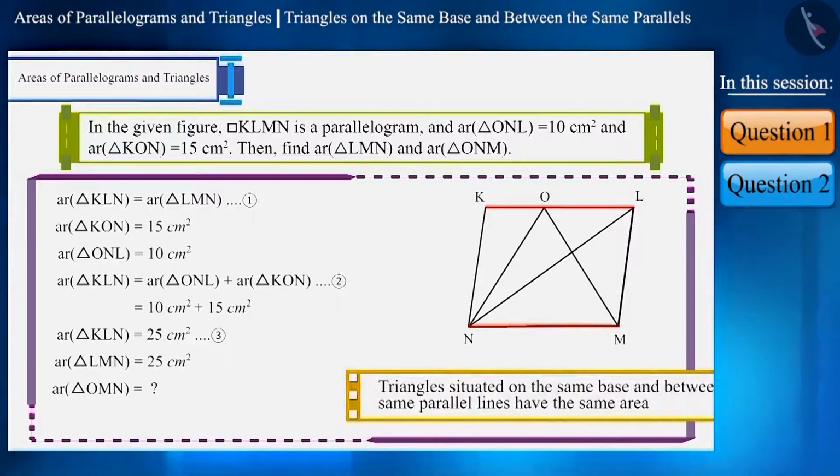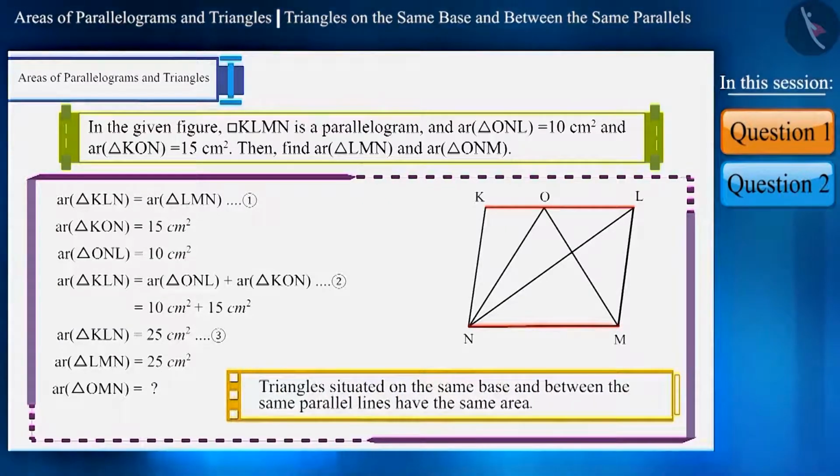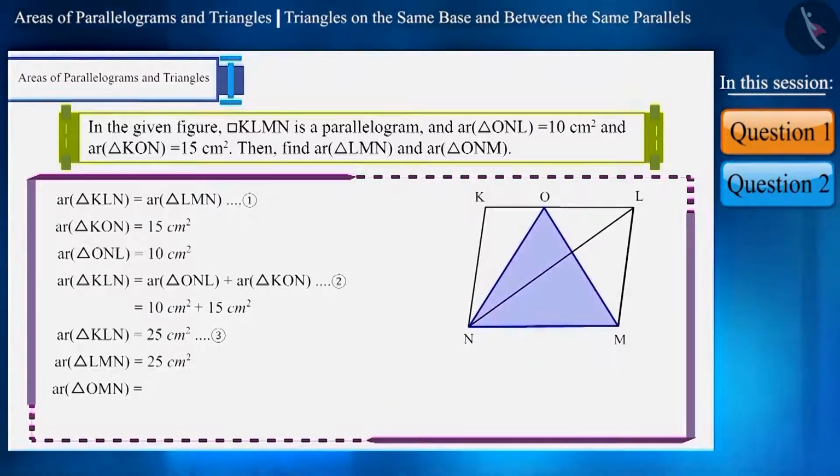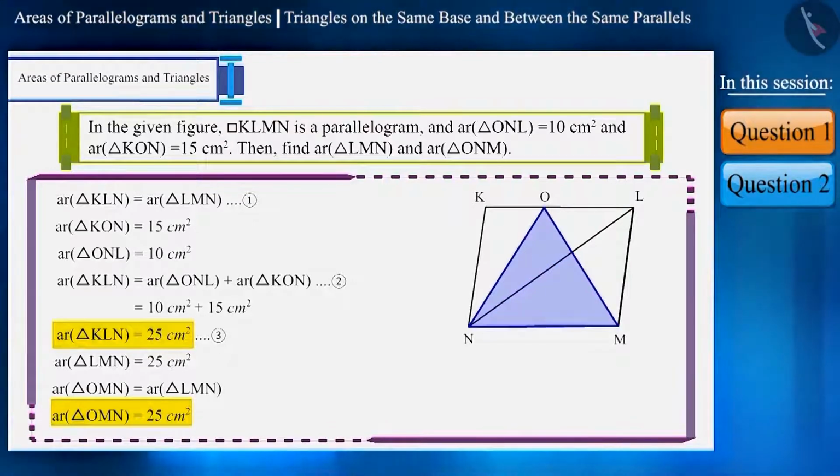Friends, we know that the areas of triangles on the same base and between the same parallel lines are equal. Therefore, the areas of triangles OMN and LMN will be equal. So, the area of triangle OMN will be equal to 25 square centimeters.